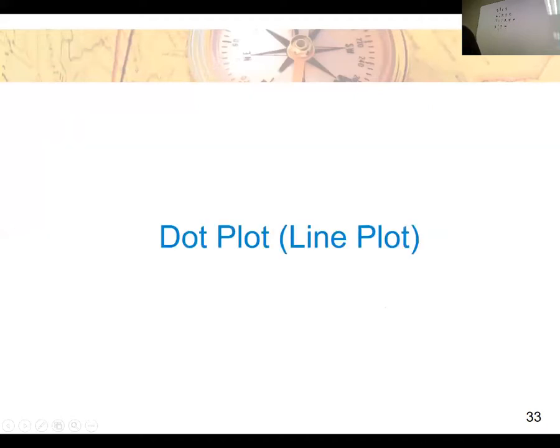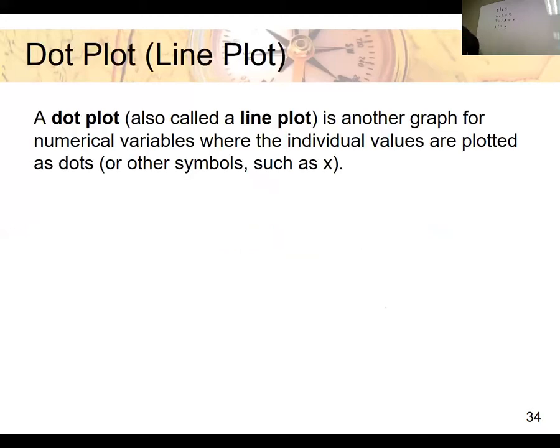Okay. All right, so now we're going to pick up with a dot plot, or sometimes it's called a line plot. A dot plot is also called a line plot. That's going to be a graph for numerical variables where individual values are plotted as dots or other symbols, such as, let's say, lowercase x.